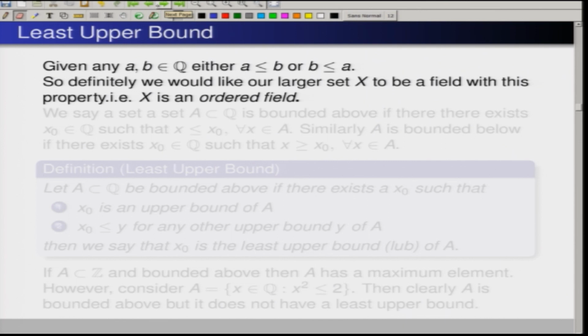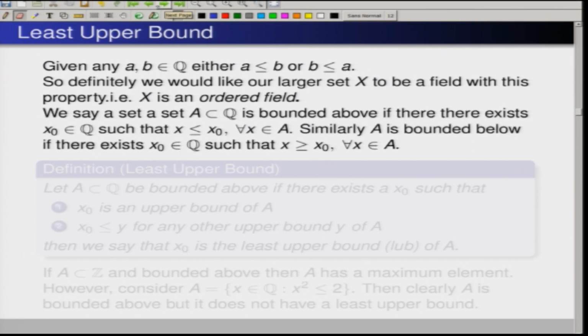So now the point is that from Q we want a larger set X, and we want it to be an ordered field. Okay, so now what kind of ordered field are we looking for? So let's try to look at what exactly we are lacking in Q.